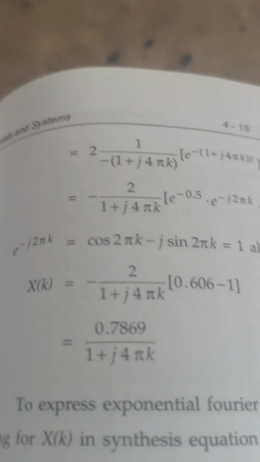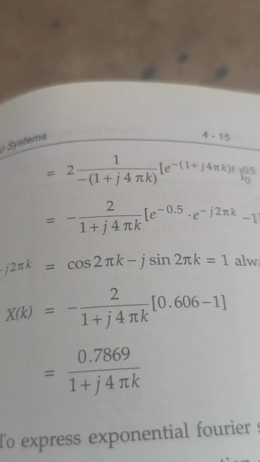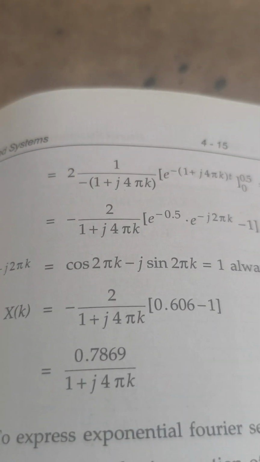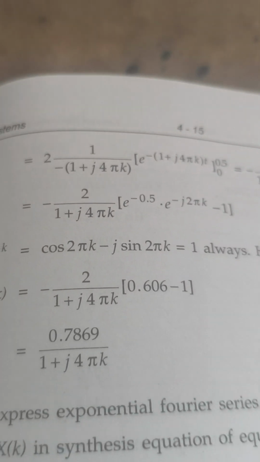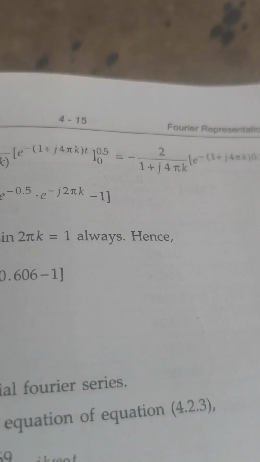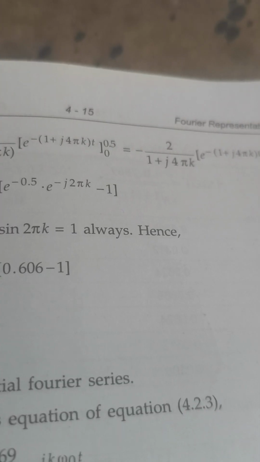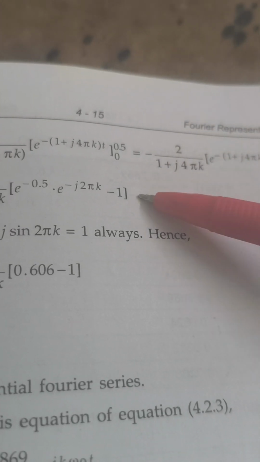Then after doing the integration, we will get this equation: 2 into 1 by minus (1 plus j 4 pi k) into e raised to minus (1 plus j 4 pi k) into t, and apply the limit 0 to 0.5.